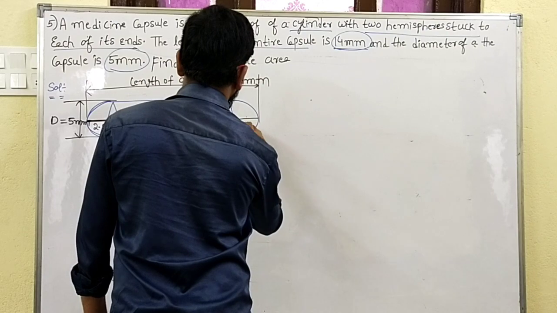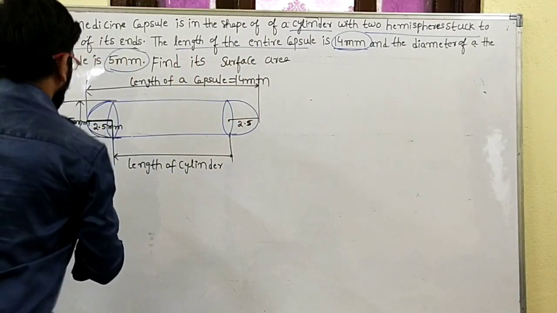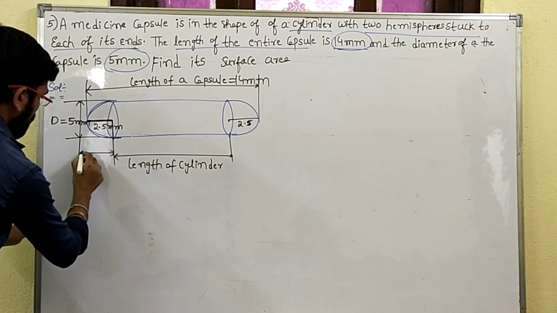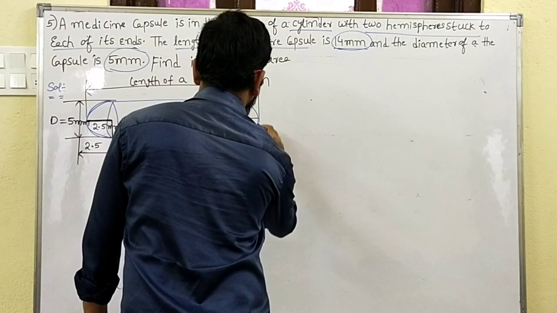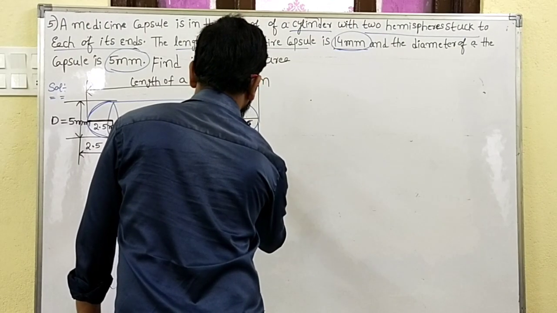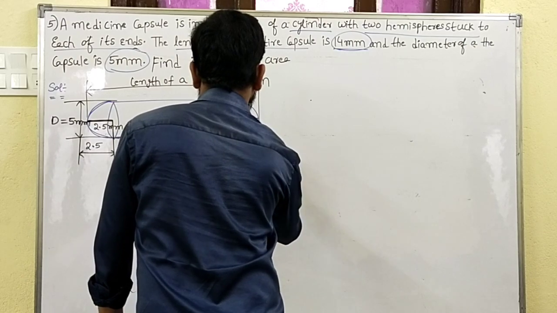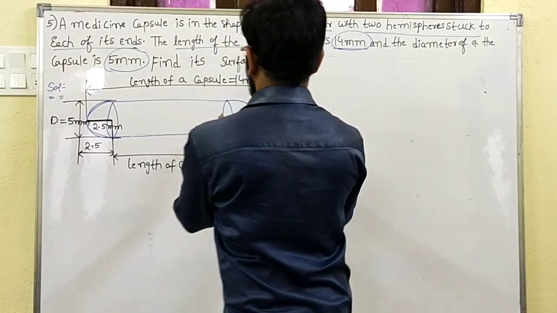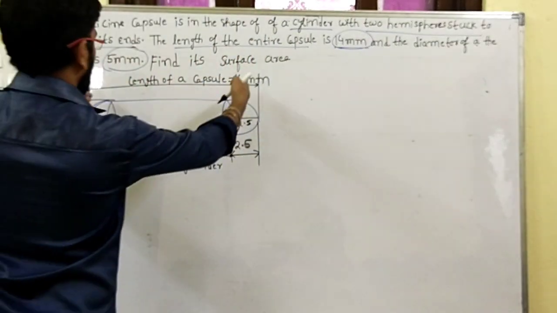From here to here it will be 2.5, and from here to here it will be 2.5. So this is the radius. So this total will be 14.